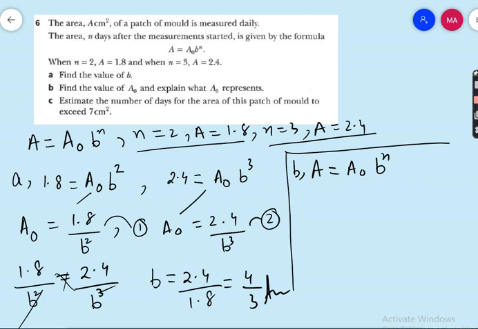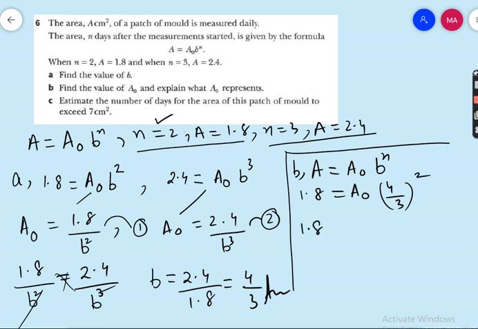Done this part. Just take any value of A. You can take A equal to 1.8 or A equal to 2.4. So I am taking A as 1.8 equals A naught. b you have already found, 4 upon 3. And for this value of A, 1.8, you can see the value of n is 2.